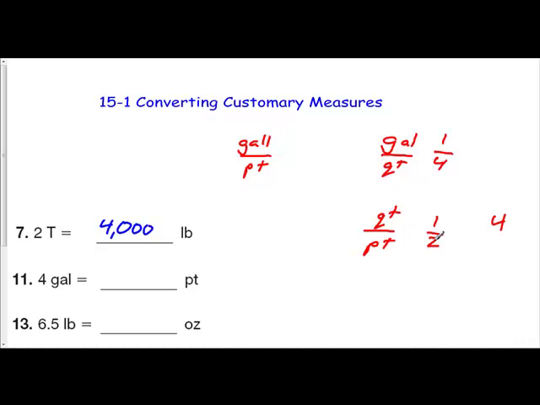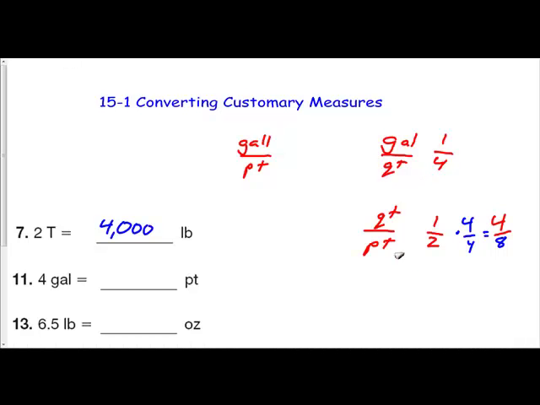So I know there's 2 pints in 1 quart and 4 quarts in a gallon. So let's take a look at that. How do I turn 1 into 4? I multiply times 4. 1 times 4 is 4, and 2 times 4 is 8. That means there must be 8 pints in 1 gallon. Let's find out.